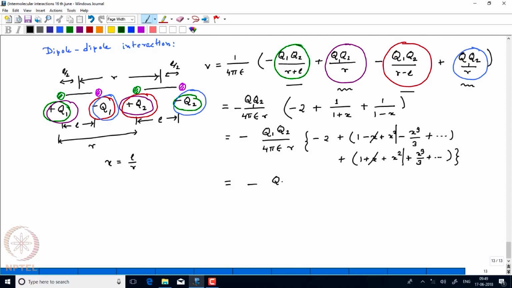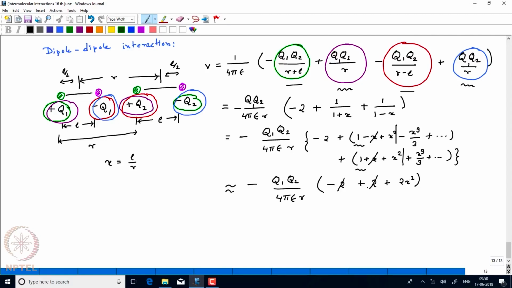Let me write here q1 q2 by 4 pi epsilon into r, and this is an approximation we are making right now, and then I have minus 2, plus this one, and this one gives me 2, and these 2 will cancel, and then the x's also cancel. So I have to consider another term, which is basically plus 2x square, and this is again an approximation.